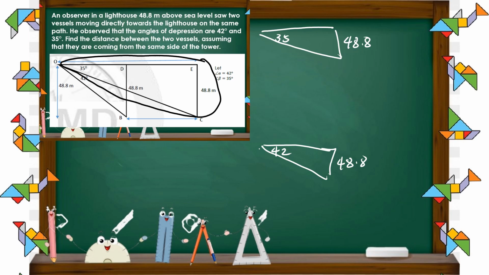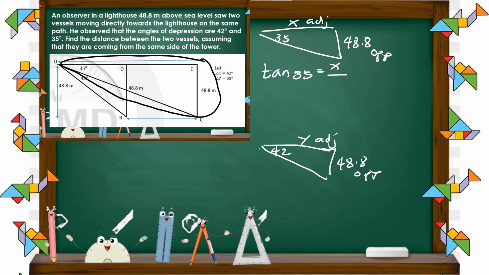If we're going to illustrate that one, this is the unknown. Let's say this is x and this is y. Looking at our given, it's obvious that we can see an opposite and an adjacent side, looking at our angle theta. Since we have opposite and adjacent, we are going to use tangent. So for 35, our formula is opposite over adjacent.